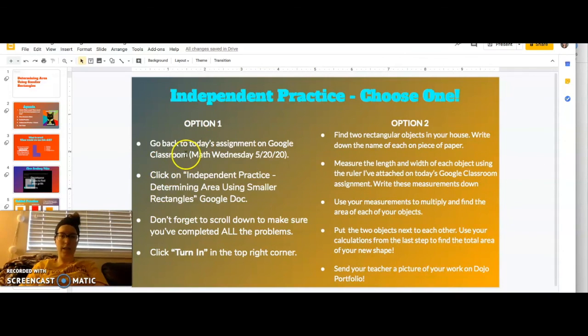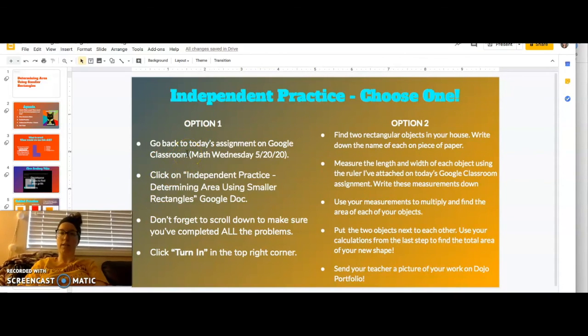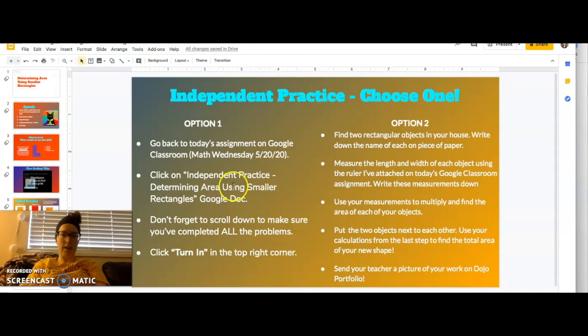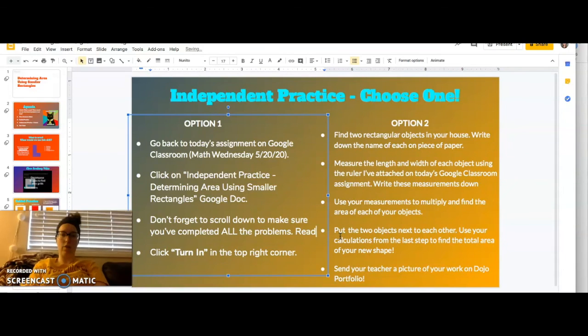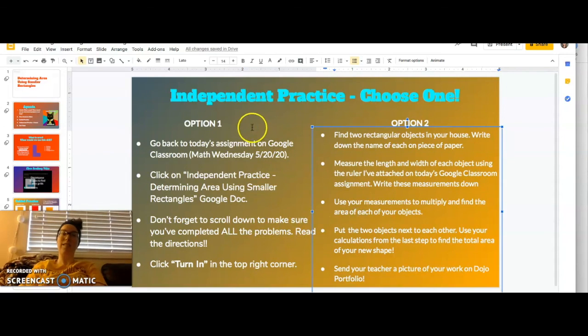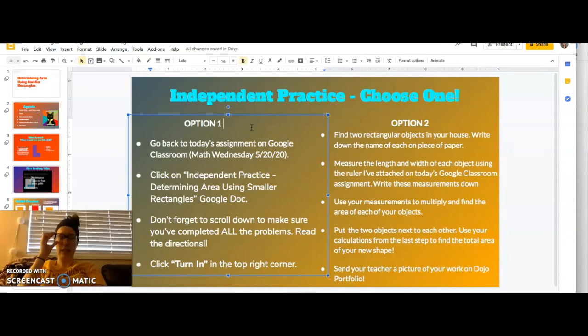So the first choice is your normal choice. You can go back to today's assignment on Google Classroom. It should be under Math Wednesday, May 20th, 2020. You're going to click on the independent practice determining area using smaller rectangles Google Doc. Don't forget to scroll down, make sure you completed all the problems, and I'm going to add an extra read the directions, right? I've seen some friends who are skipping over sections because they didn't read the directions.